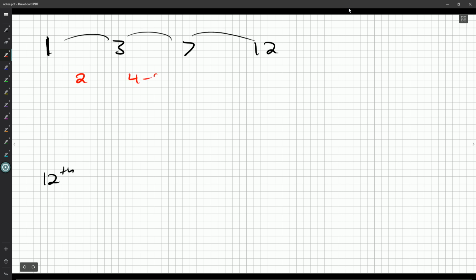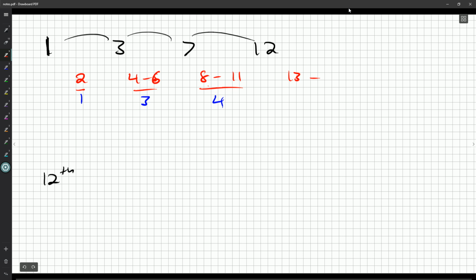We know we go 2, 4 to 6, 8 to 11, and we know how many numbers there are. There's 1 there, 3 there, 4 there. The next one, so that's a 1 plus a total of 8 differences. And I would need 1 plus 11 differences.